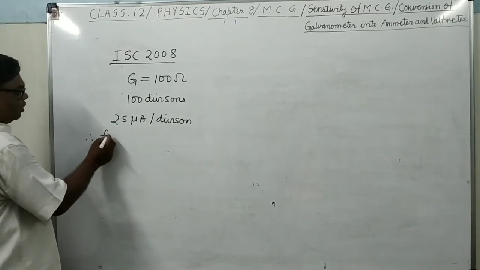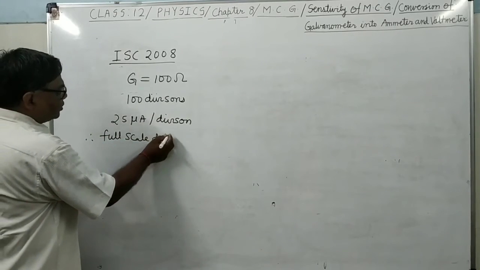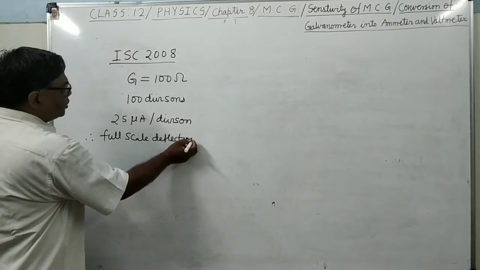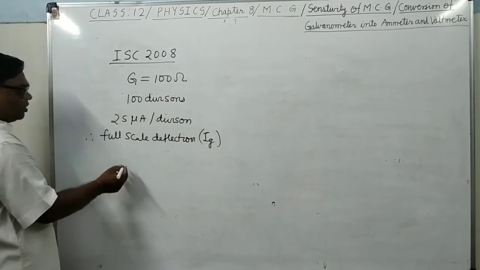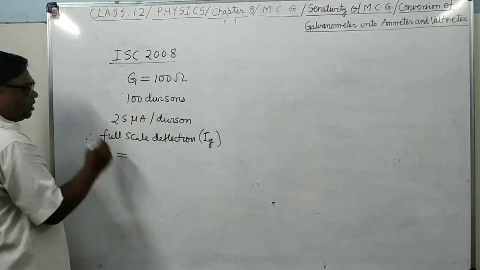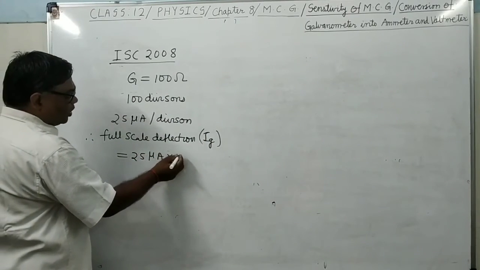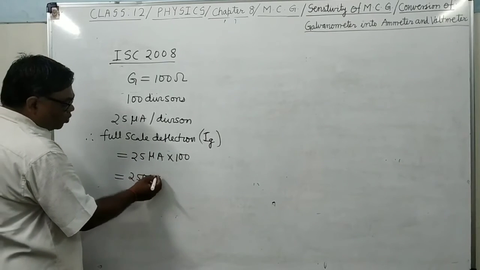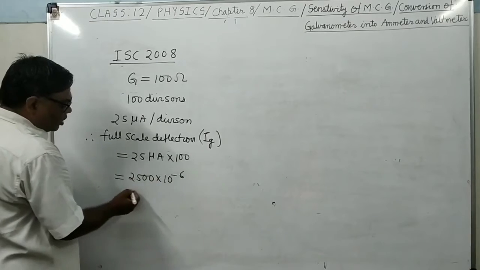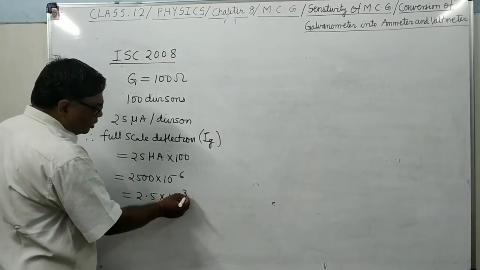Therefore, full scale deflection current means how much current will show the deflection of 100 divisions. So one division by this much current, so 100 divisions, 25 microampere into 100, that is equal to 2500 into 10 power minus 6, that is 2.5 into 10 power minus 3 ampere.